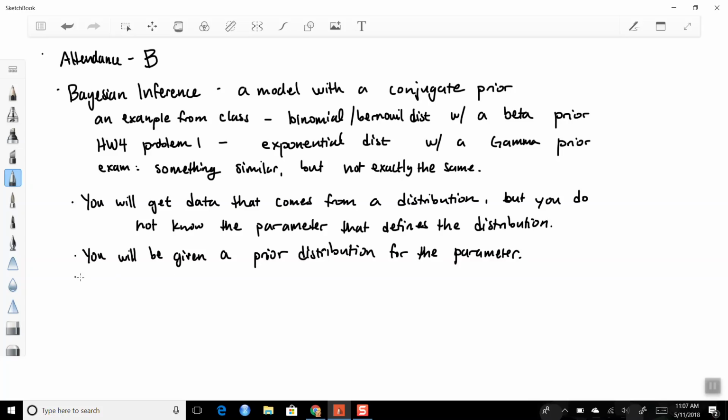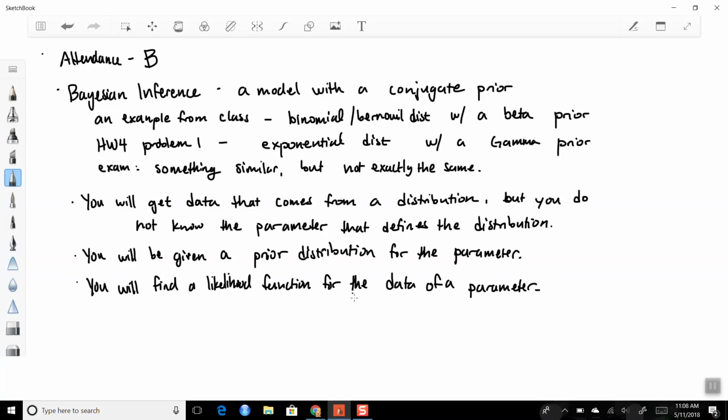And then you will find a likelihood function for the data as a function of the parameter. So basically, you treat the data as fixed for this likelihood function.